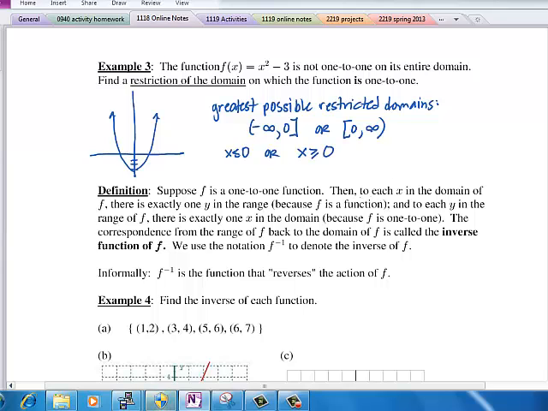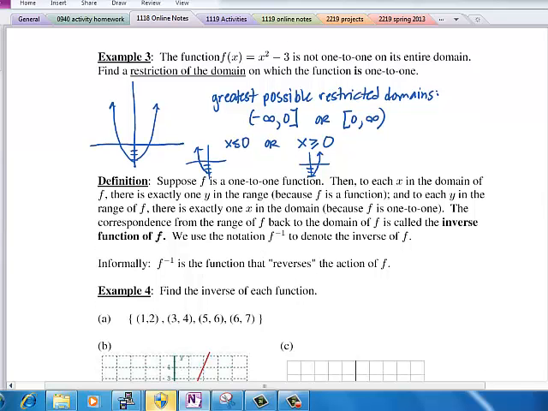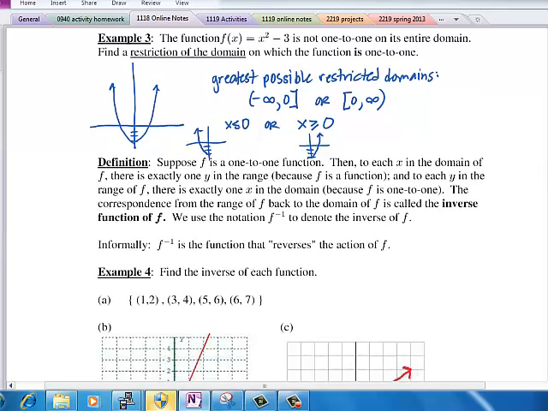So splitting at the vertex and just including one side or the other. So in one case we would be thinking about the left side of that graph. In the other case we would be thinking about the right side of the graph. Either way, the function on that restricted domain is 1 to 1 because the graph passes the horizontal line test.